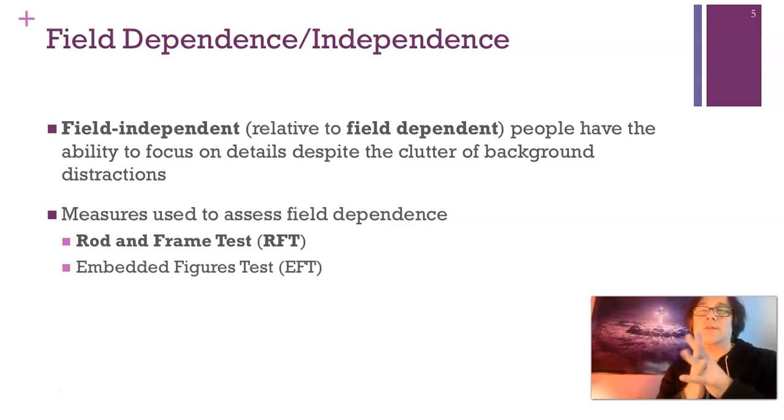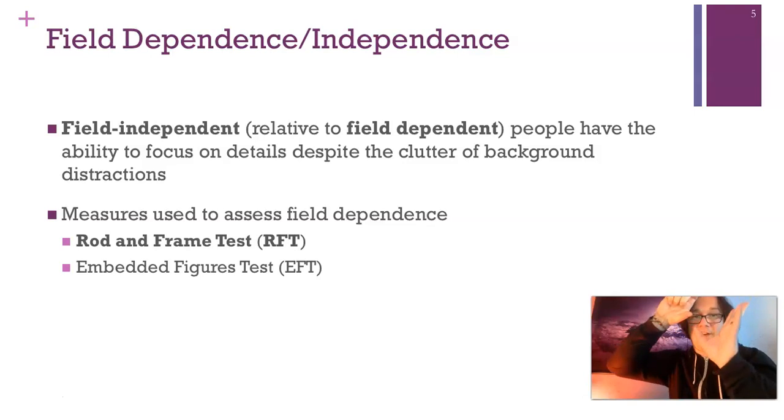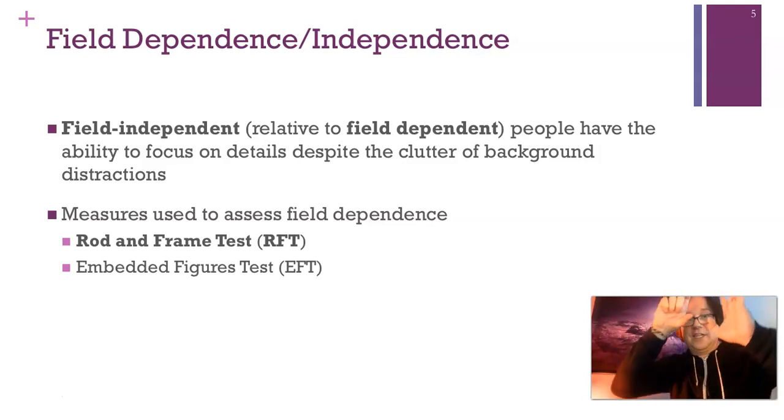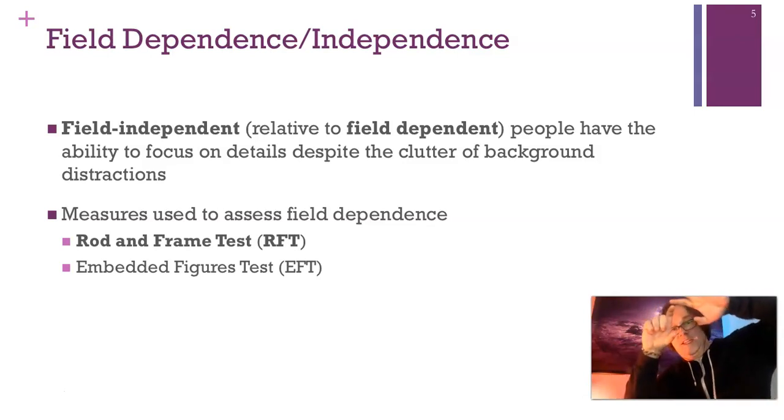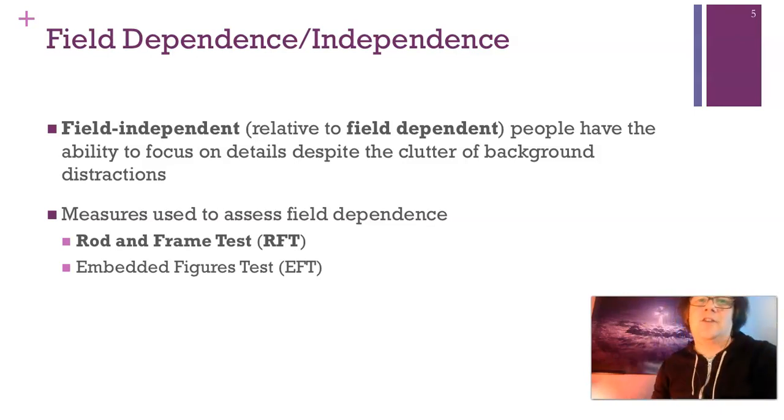So how do we describe this? It's literally just a rod that the participant needs to keep in a true vertical position, right? As the background is changing, as this frame is changing, they need to keep that rod in a true vertical position. This is what the rod and frame test essentially is.